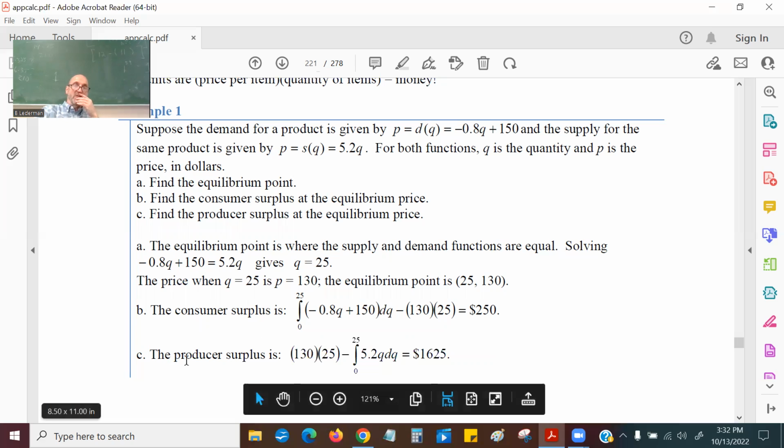The producer surplus, that's going to be 130 times 25, again my P and Q multiplied, minus the integral from 0 to 25 of 5.2 Q dq, and that is 1625. That's actually what's interesting here.